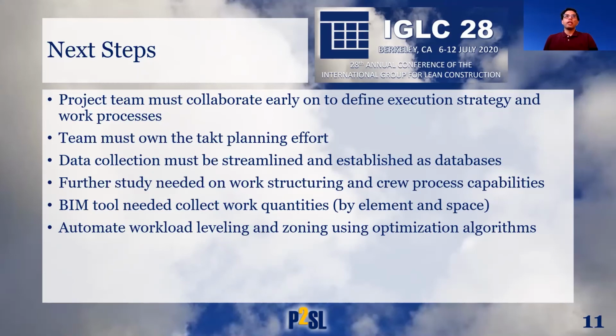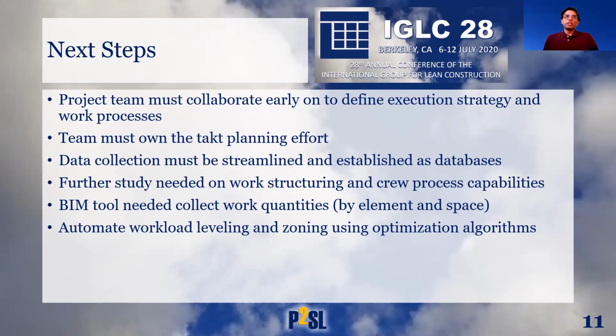Also, work structuring and capturing process capabilities will require work in the future. There are several work structuring decisions that can be made in the course of takt planning at the operational level. For example, if one trade's work density peaks above all others, the bar may be split into 2 or more individual bars so as to give the trade more than one takt to complete their work.